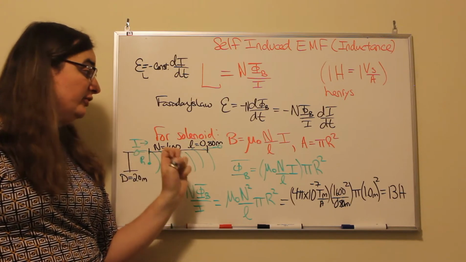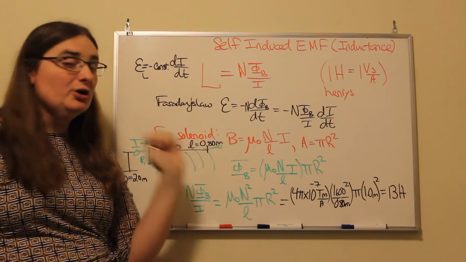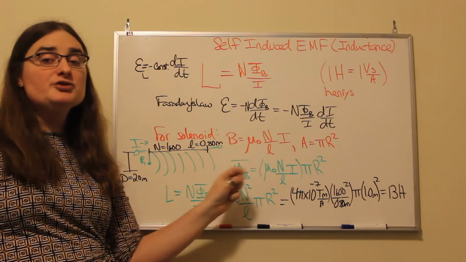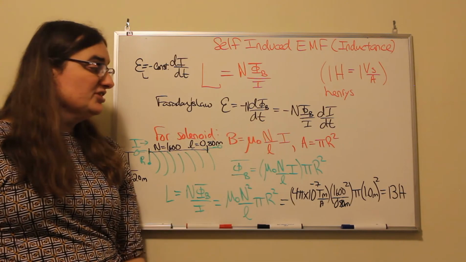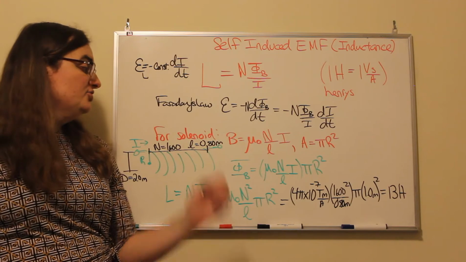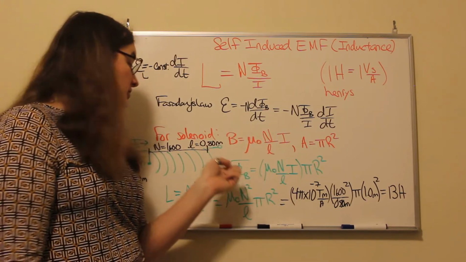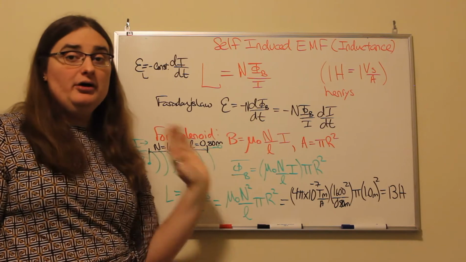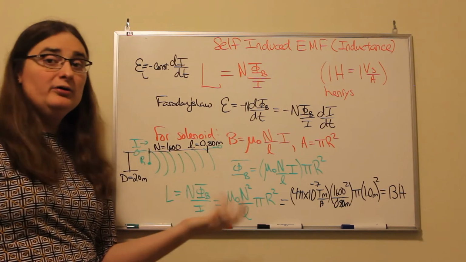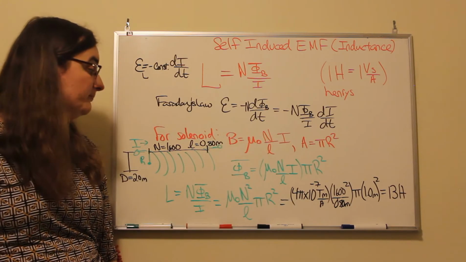Now for a solenoid, the magnetic field inside a solenoid is equal to the permeability of free space, mu naught, times the number of turns per length, times the current that's going through that solenoid. So to find the flux, that would be a uniform magnetic field times the area over which we have that magnetic field, which is just the area of the coil. Our flux would just be our magnetic field times our area.